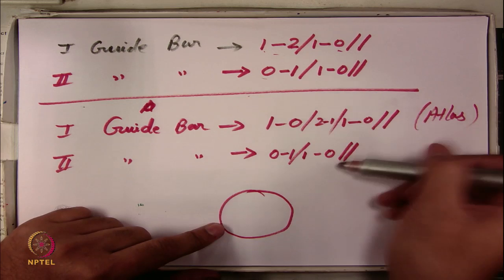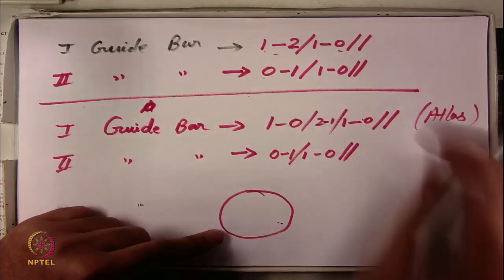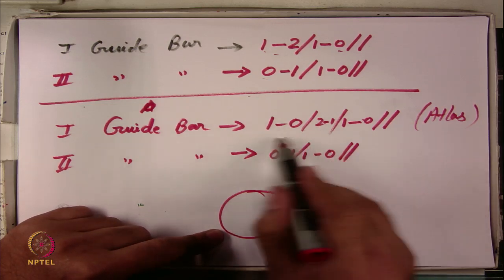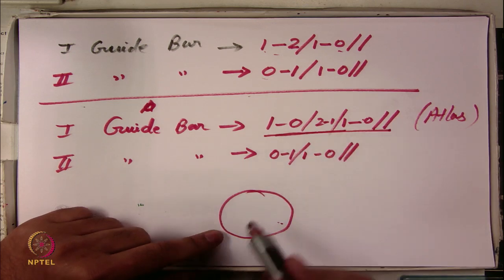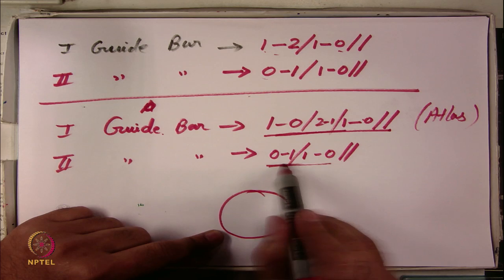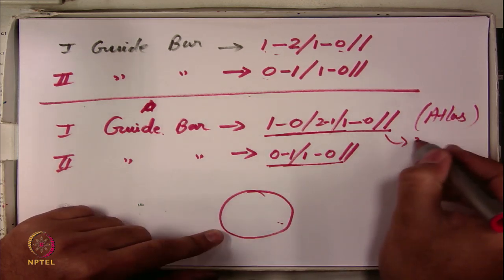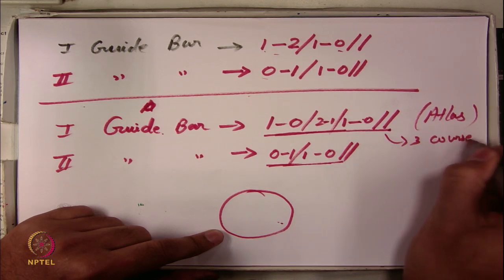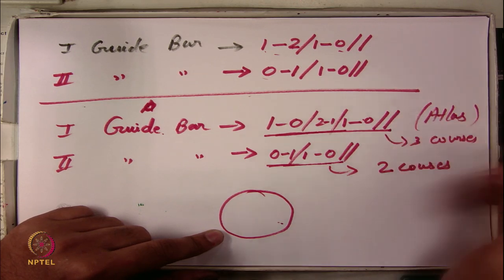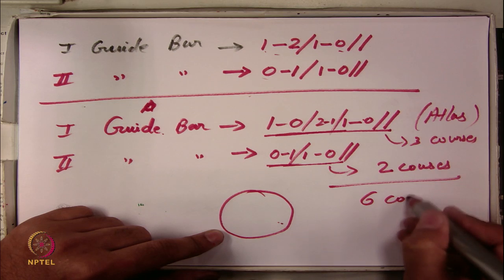So, when this type of guide bar has to be produced using a 2 bar tricot machine, then one revolution of the pattern drum should be making 2 designs for the first guide bar and 3 designs for the second guide bar, because this is repeating in 3 courses, this is repeating in 2 courses. So, both the designs will be repeating after every 6 courses.